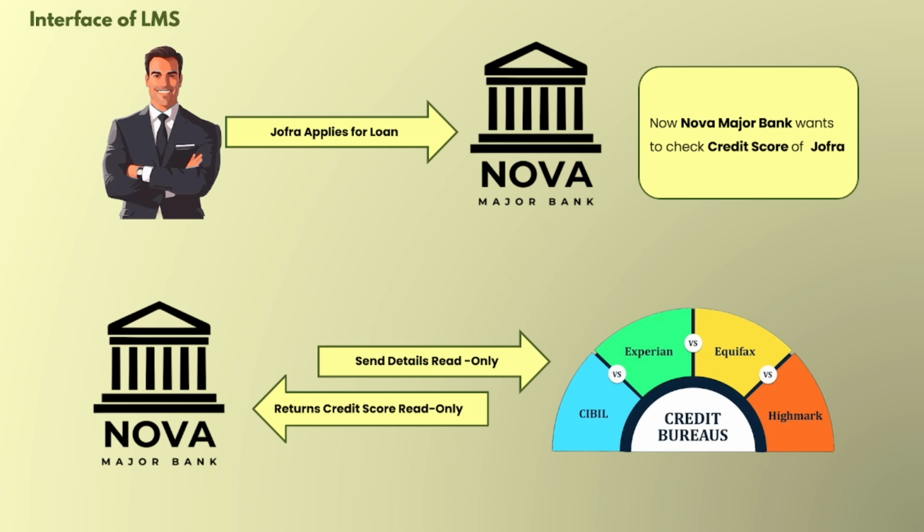Here we are sending only read-only data to another system. Noah Major Bank is a totally different system, and the credit bureau is a totally different system or software. They communicate with each other only in a read-only format, not editing anyone's data. Someone asks, give me this, and they provide it: take this credit score of the customer, and it is now deposited in Noah Major Bank's software.